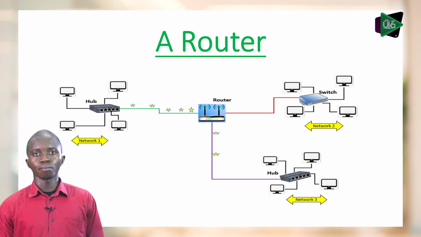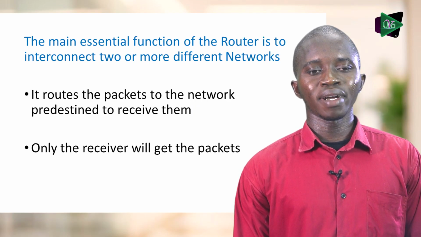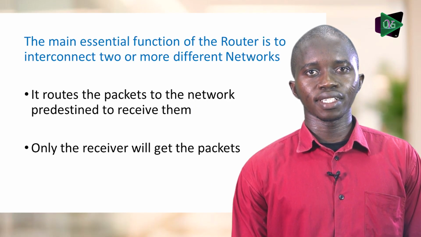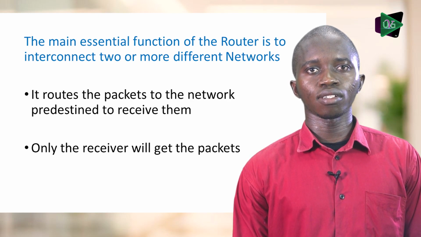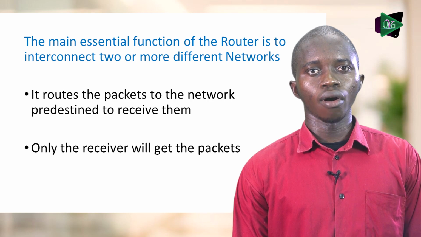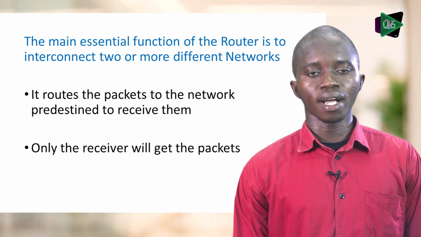That is very important for communication in a network. So what is the main essential function of a router? Very simply, the main essential function of the router is to interconnect 2 or more different networks. It routes the packets to the network intended to receive them. Only the receiver will get the packets.